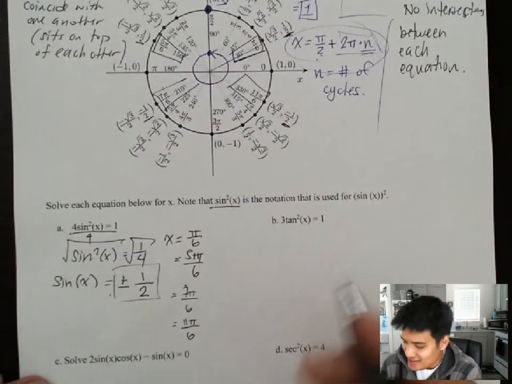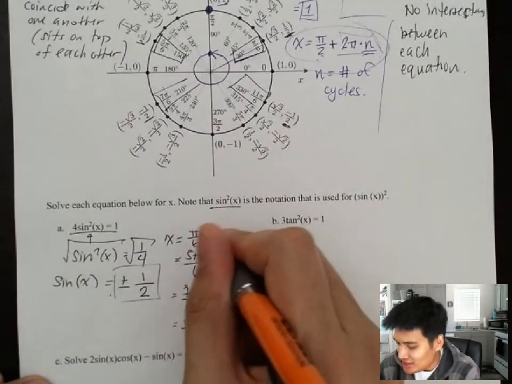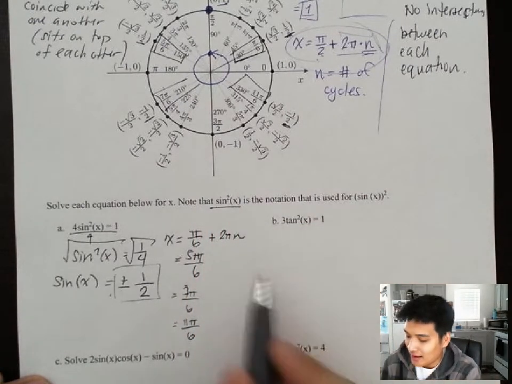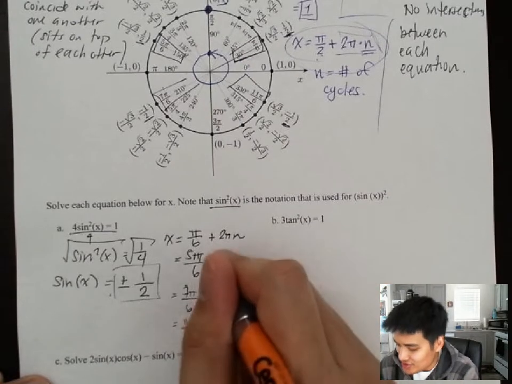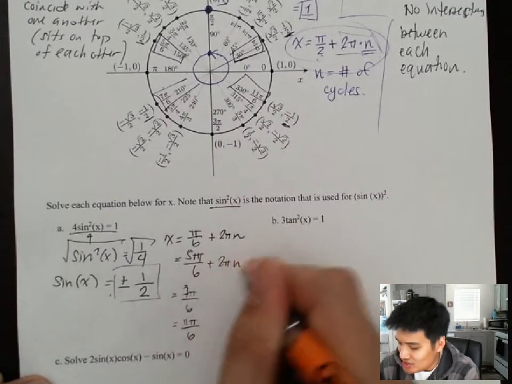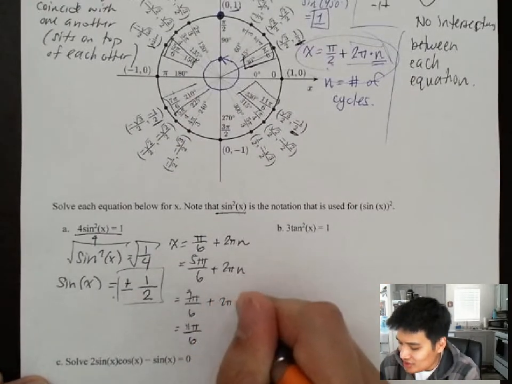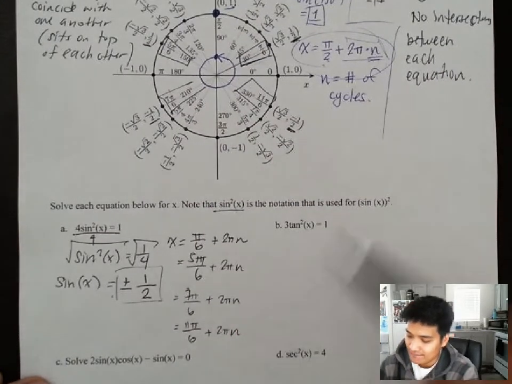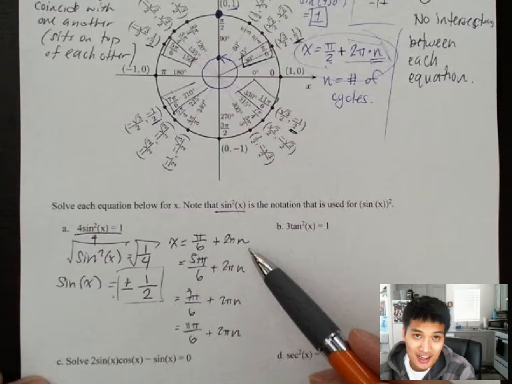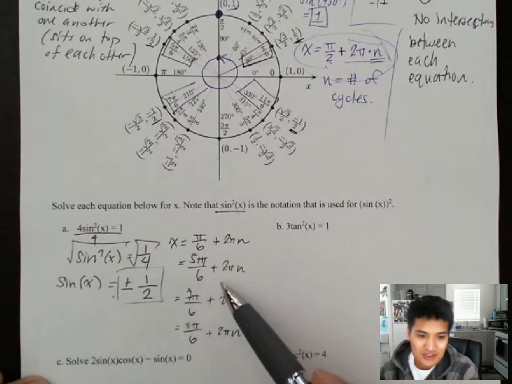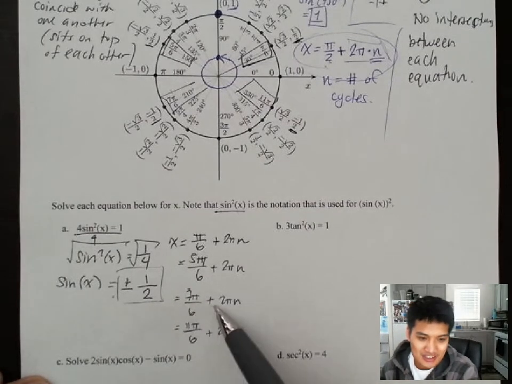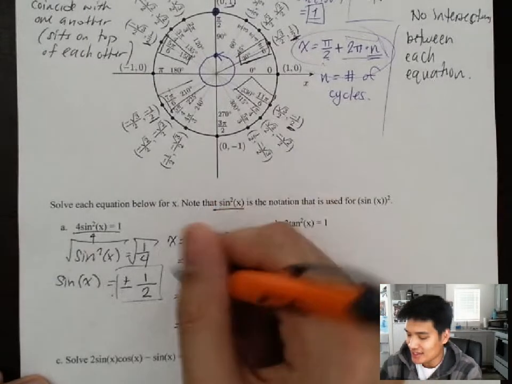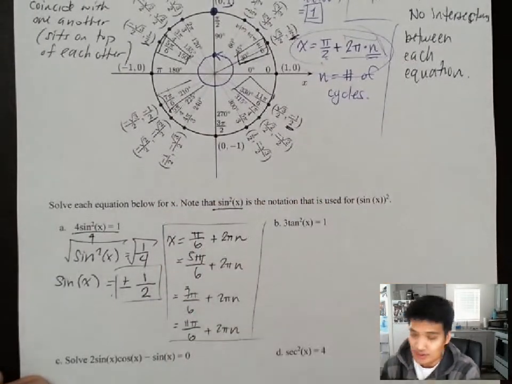So if I start at pi over 6 and do one full rotation, this is going to be my solution. I'm going to write this for every single solution that we have. So I got pi over 6 plus 2 pi n, 5 pi over 6 plus 2 pi n, 7 pi over 6 plus 2 pi n, 11 pi over 6 plus 2 pi n. And these are all the solutions.